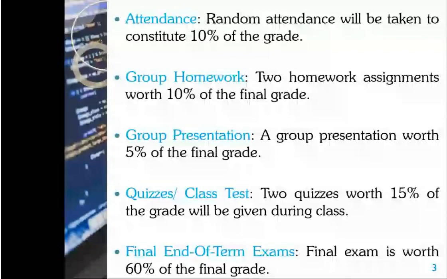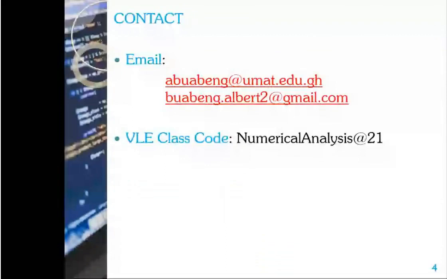And finally, your 60% end of term exams. Basically, this has been the general format for assessment in UMAT, and we are going to strictly follow the same. In the case of attendance, I shall be giving it randomly. At times, I can take it online. At times, when we come to class, I can just take it. It's just going to be random. So make sure you are present all the time.